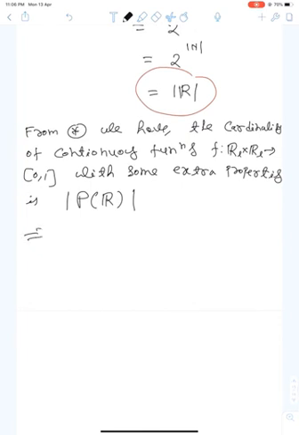Now that implies the cardinality of the power set of R is less than or equal to the cardinality of R.